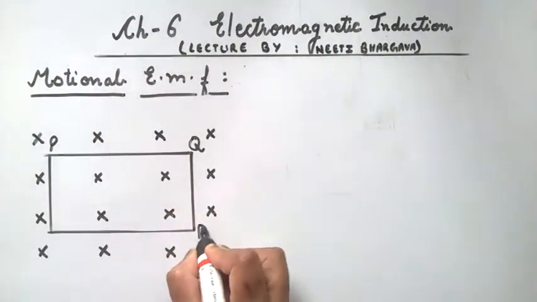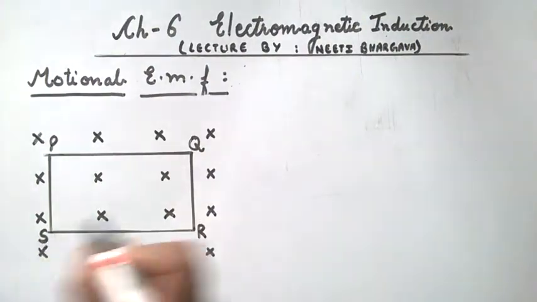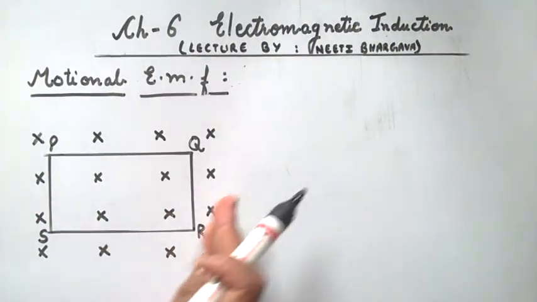Let it be PQRS loop, in which QR arm is movable.